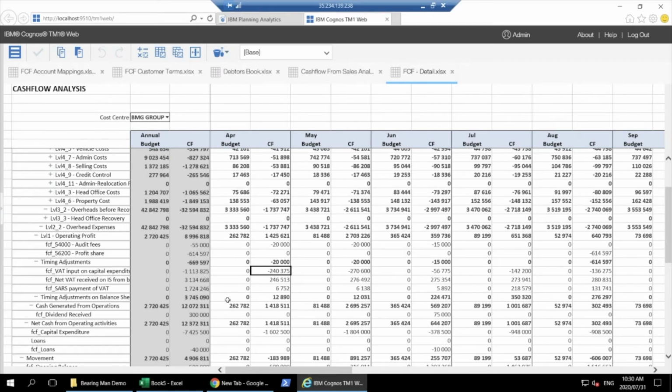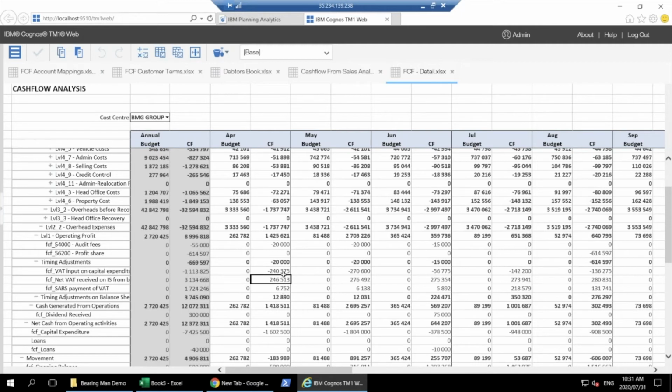And as we know in TM1, the fantastic thing about it is that you can link and model everything together. So the obvious thing to do is we can grab the CapEx expenditure that we have for April. We calculate the input VAT on that CapEx expenditure. So we see the VAT coming out. We have the net VAT effect from net input and output from the income statement appearing in that month.